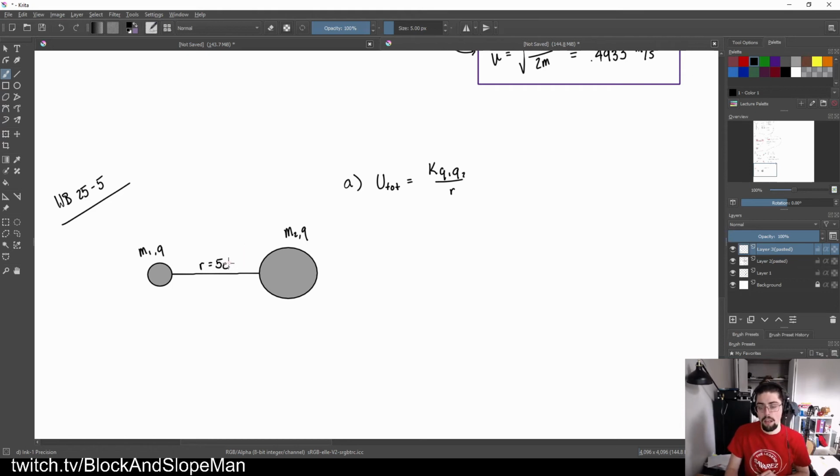Plug in all my values, making sure that we are always in standard units, just for safety. And what I should find at the very end is something like 0.72 for my total energy.